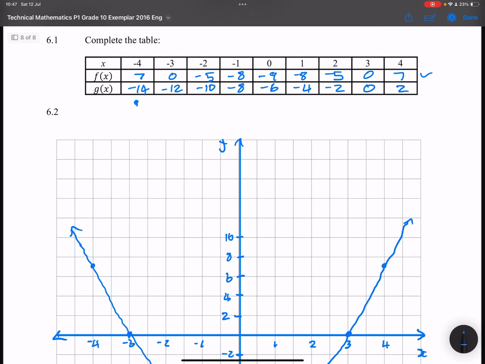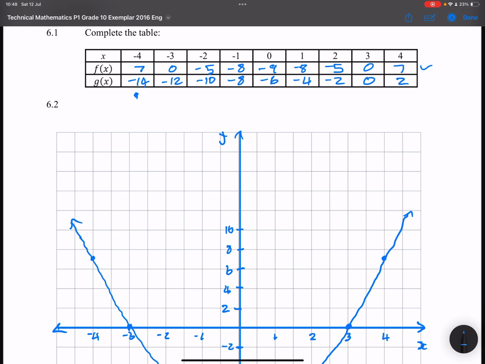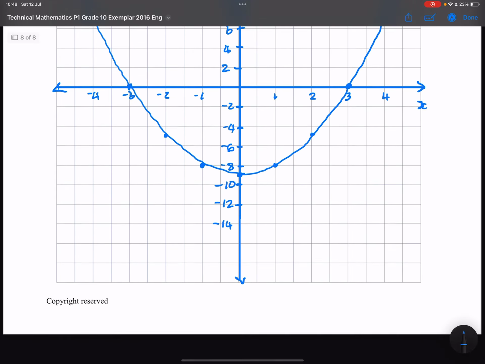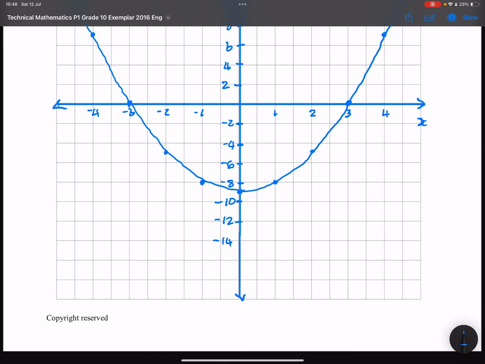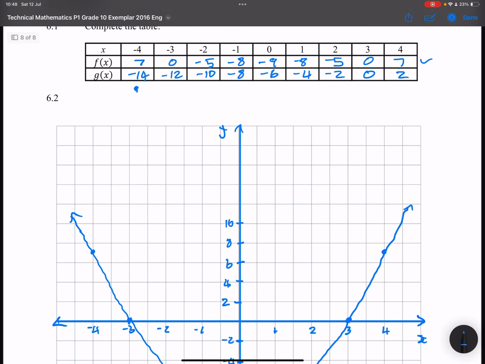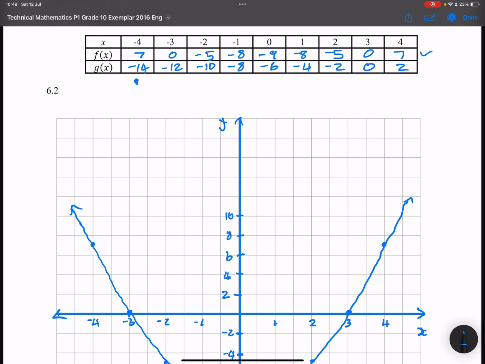Okay, and then we've got the other graph. I know at negative 4, we've got a negative 14 over there. And at 4, we've got 2.